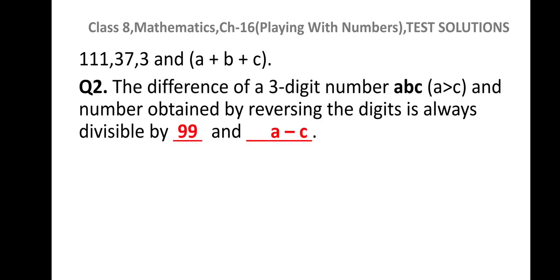Coming to question number 2. The difference of a 3-digit number ABC, where A is greater than C, and number obtained by reversing the digits is always divisible by. What is the answer?